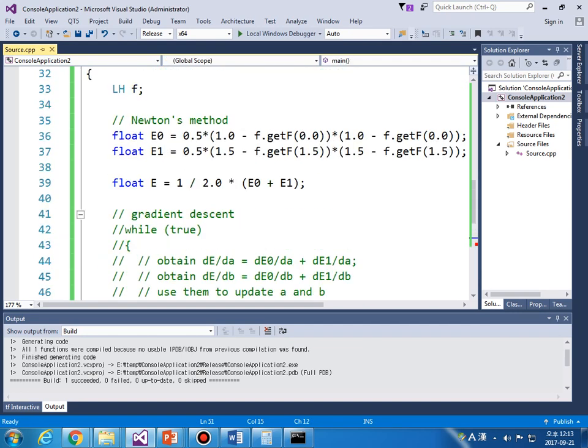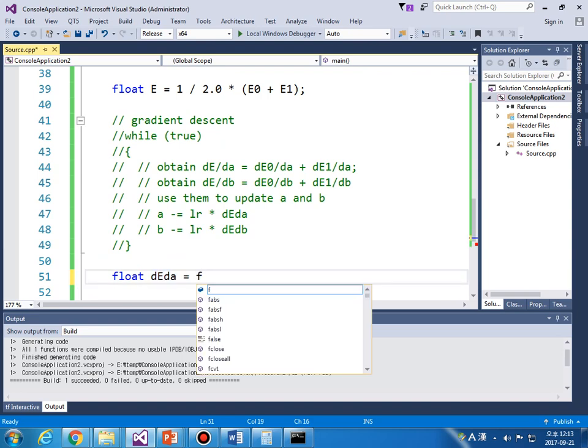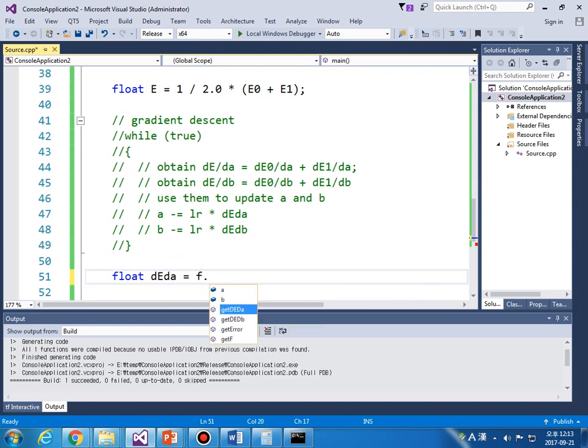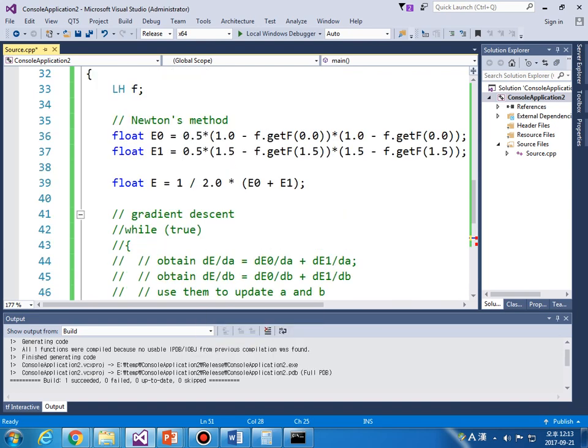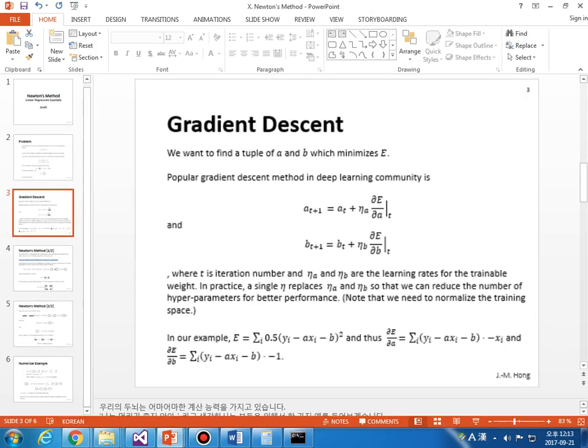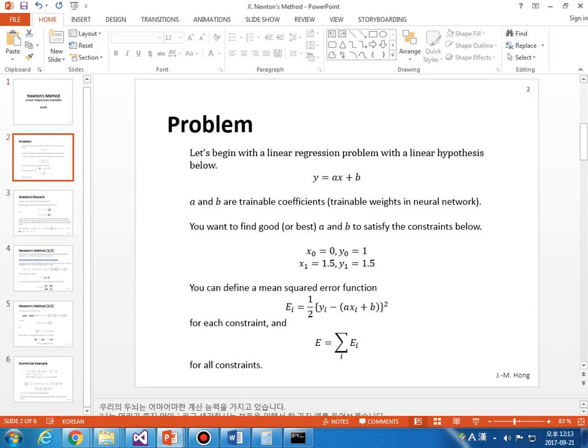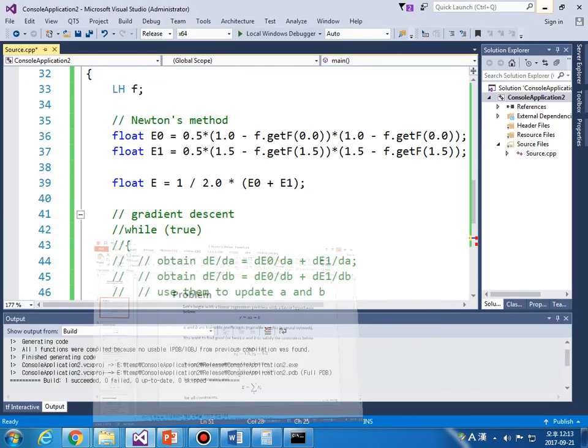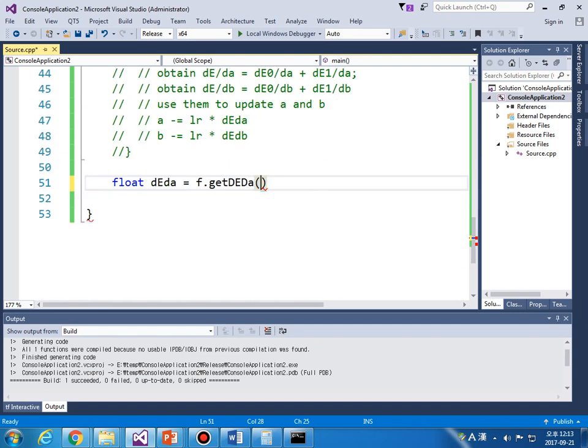So dE dA is f dot get dE dA for the given constraint, 0, 1, plus f get dE dA 1.5, 1.5.